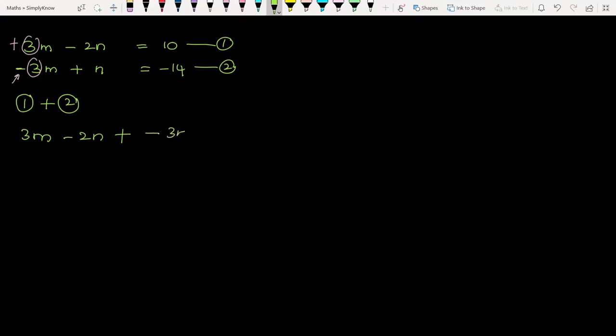Minus 3m plus n. Now it's better to put a bracket here because there is a minus over here. So different signs, it's better to put a bracket and then remove the brackets. Then on the right side, we need to add 10 plus, again, minus 14.